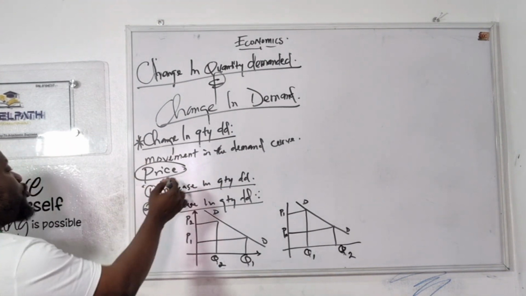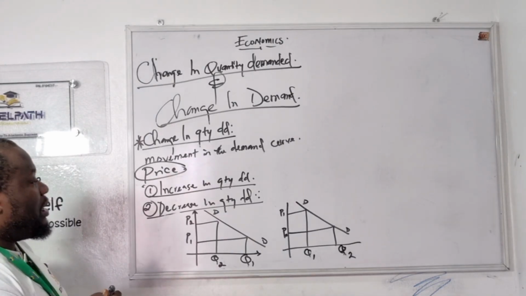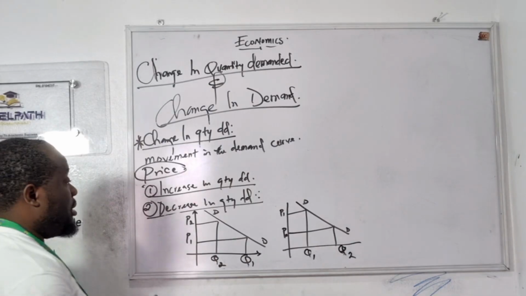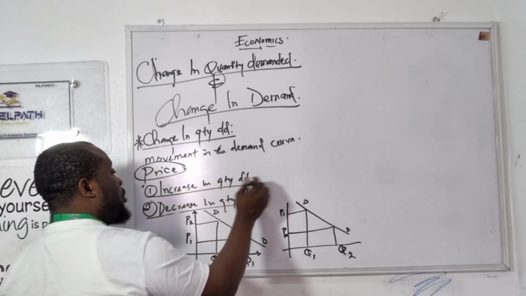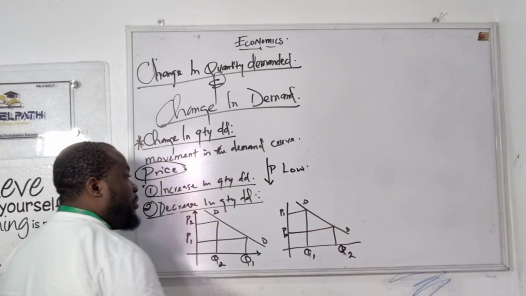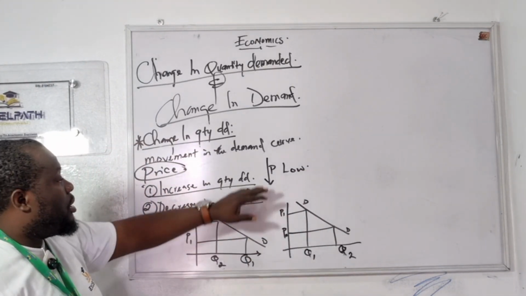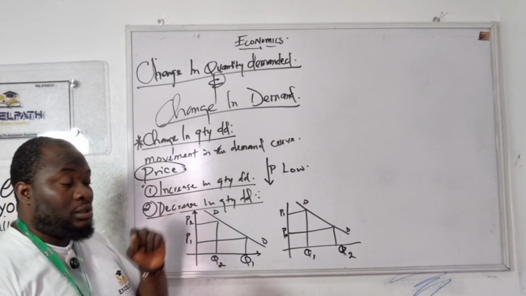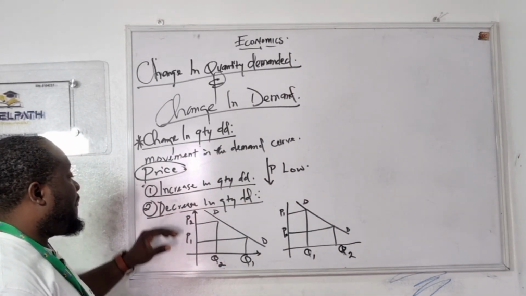What will happen to price that will lead to an increase in quantity demanded? It's when the price of the commodity is low. When the price of a commodity is low, there's going to be an increase in quantity demanded for that commodity. Am I communicating?